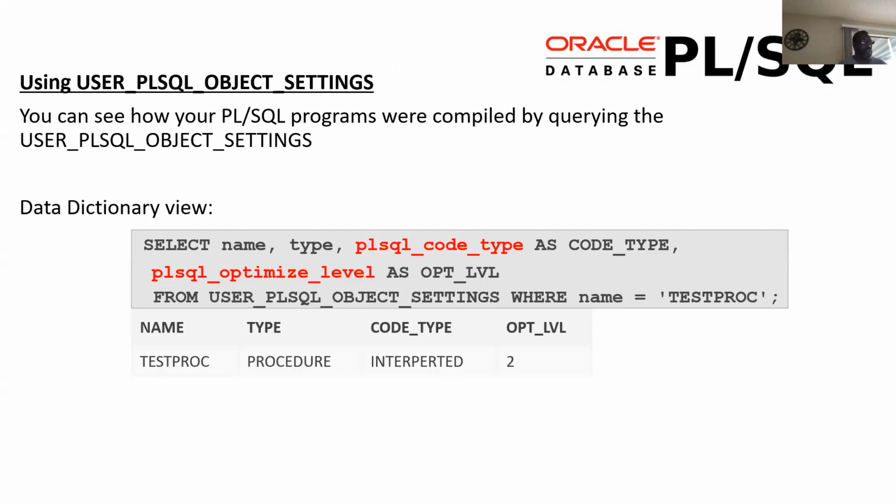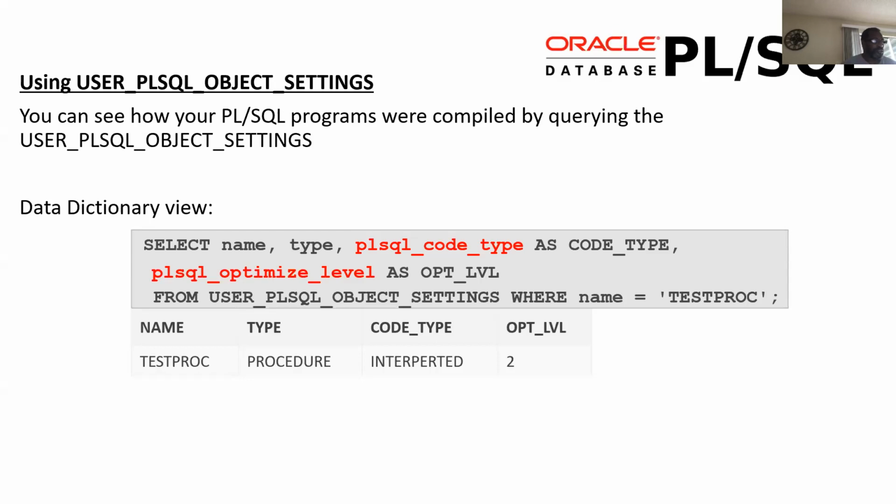If you ran this select query on this specific test procedure, it will give you the code type, which is the PL SQL code type, interpreted, and then the optimization levels too. So if you want to see how things are set, you run that query, select name, type, and it's in that table.